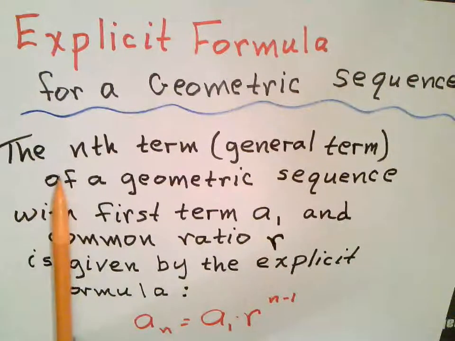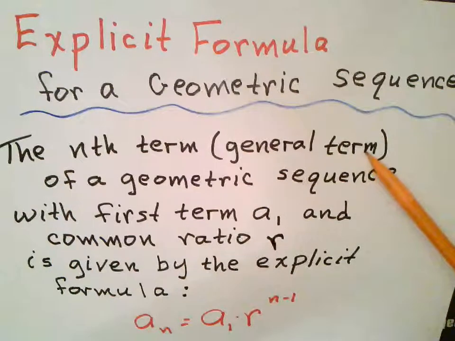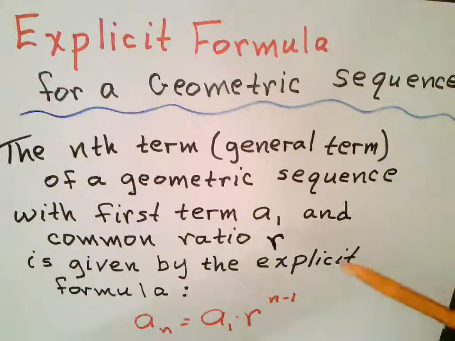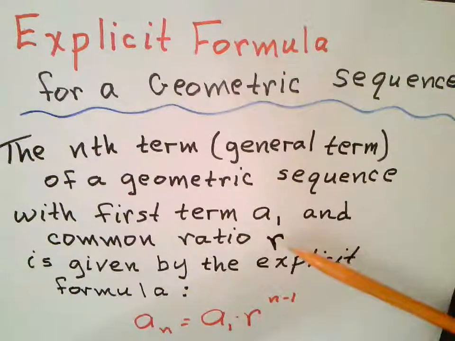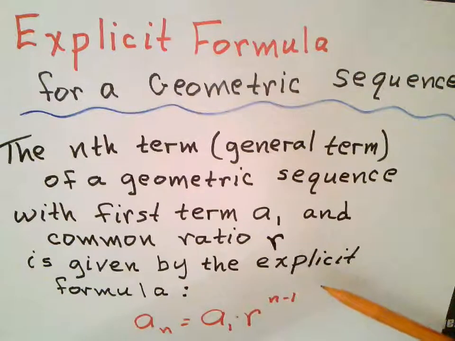The nth term, which is also called the general term of a geometric sequence, with the first term being a sub 1 and the common ratio being r, is given by the explicit formula a sub n is equal to a sub 1, which is the first term, times r, which is the common ratio, and this common ratio is raised to the n minus 1 power.